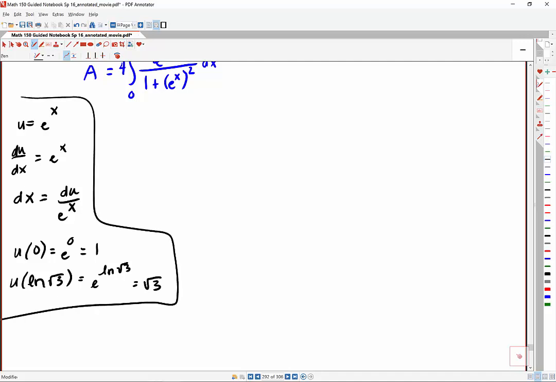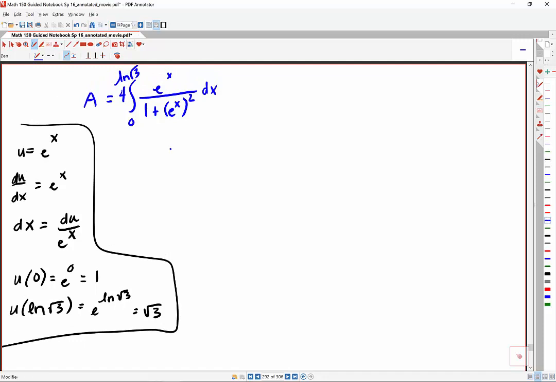All right, so our area will be equal to 4 times the integral from 1 to root 3 of e to the x over 1 squared plus u squared, and then in for dx we had du over e to the x. And I think I forgot to say over here that a would be equal to 1.